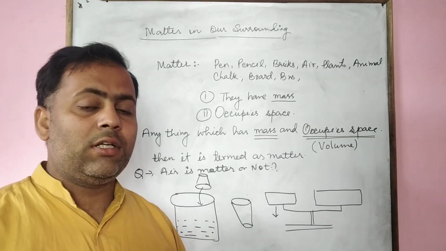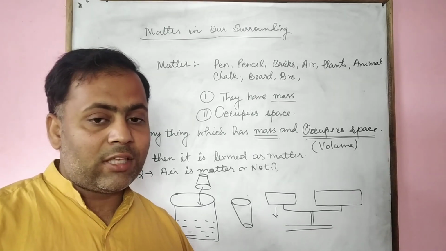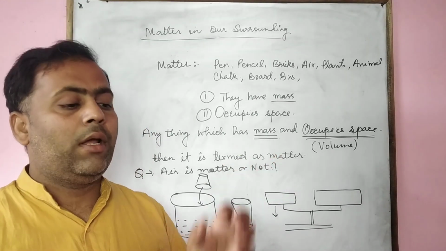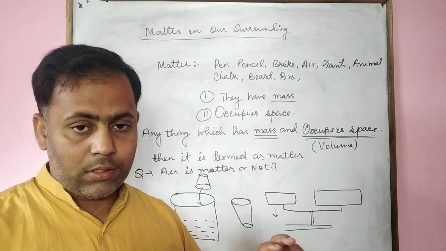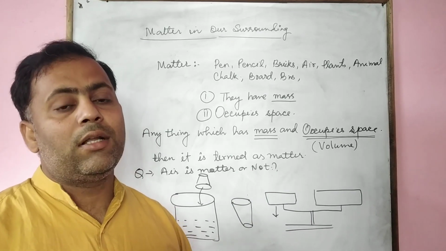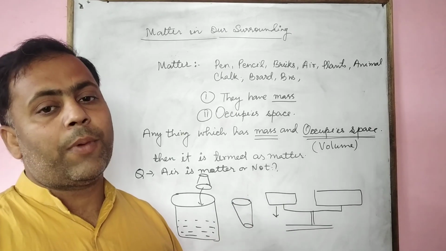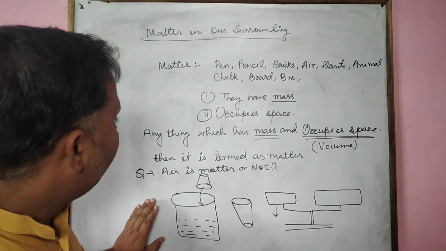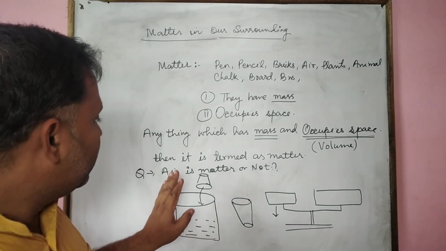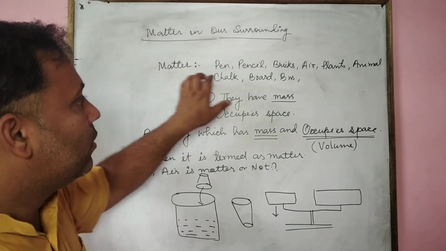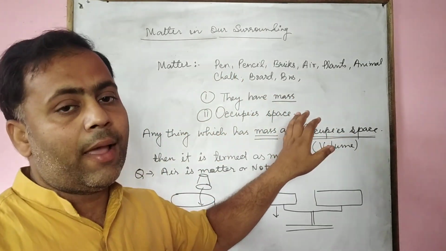But as we tilt it, the air escapes out in the form of bubbles and the water enters in. It means, by this observation we can say the air has tendency to occupy space.